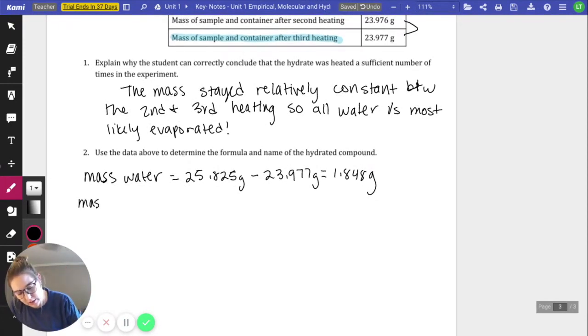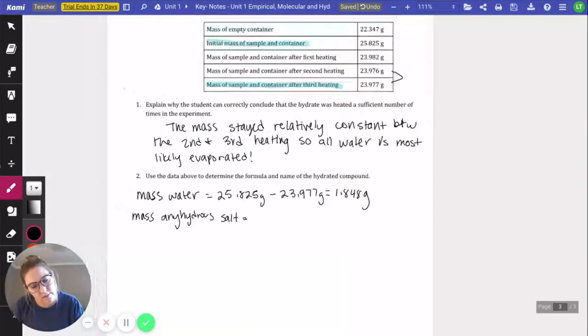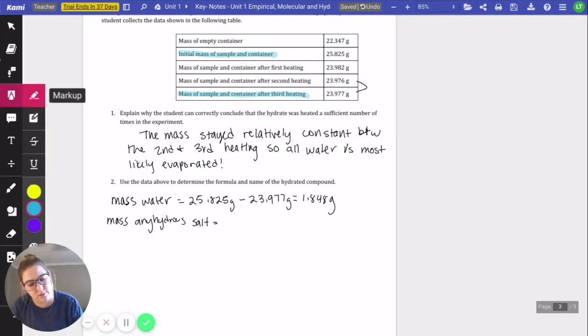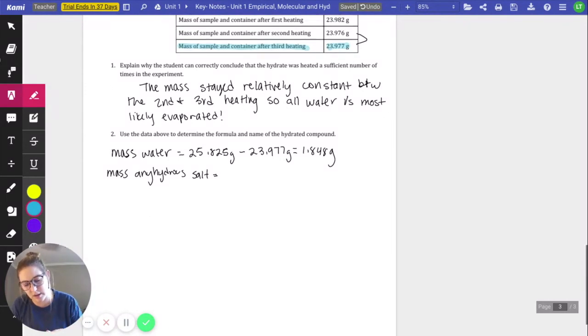Second thing we need to know is the mass of our salt. So mass of anhydrous salt. And to get this, we are going to subtract the mass of our empty container from the mass here, because what should be left should just be our salt at that point.